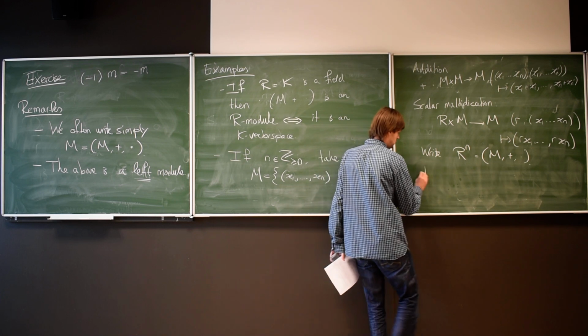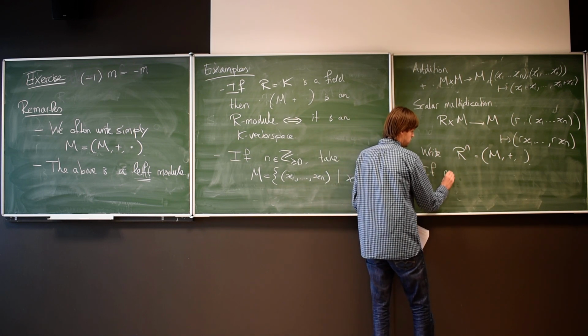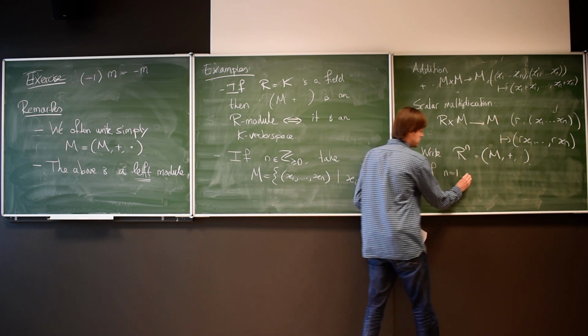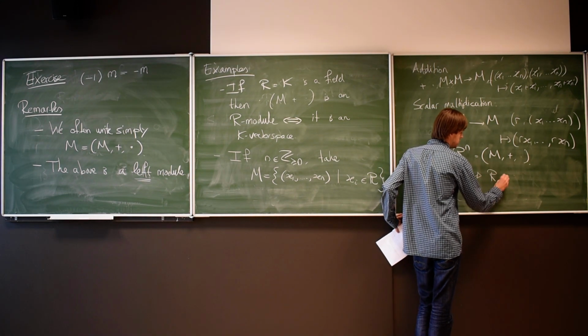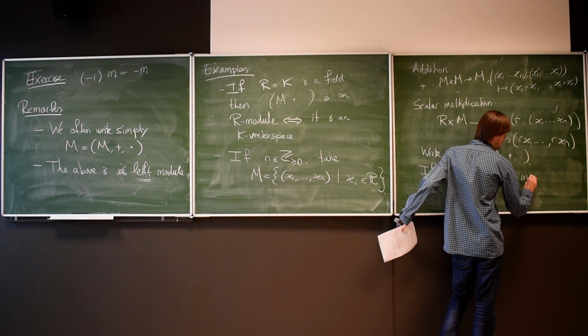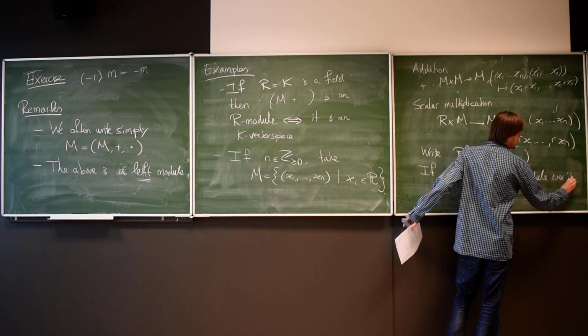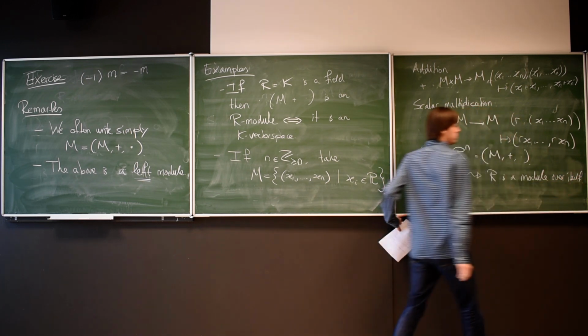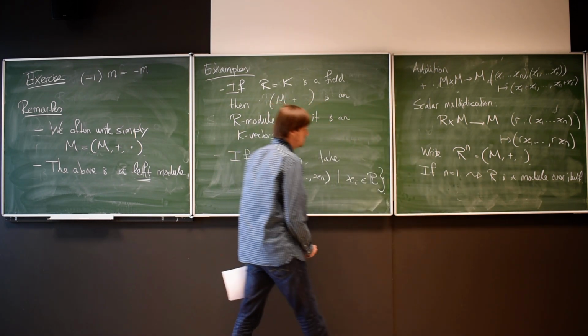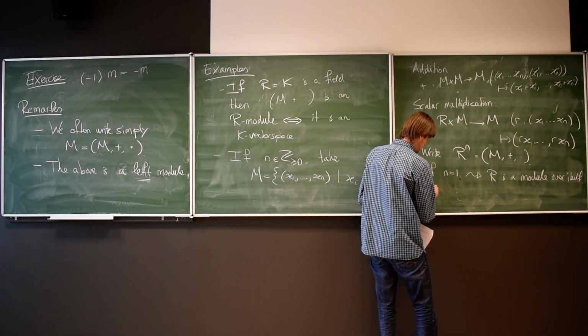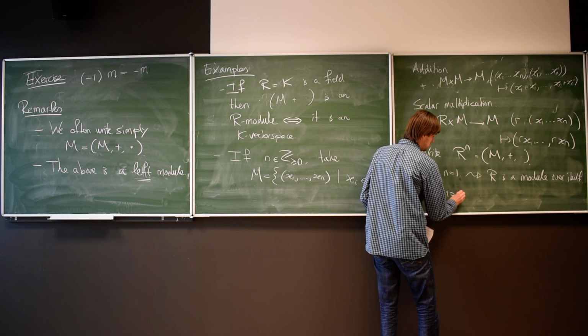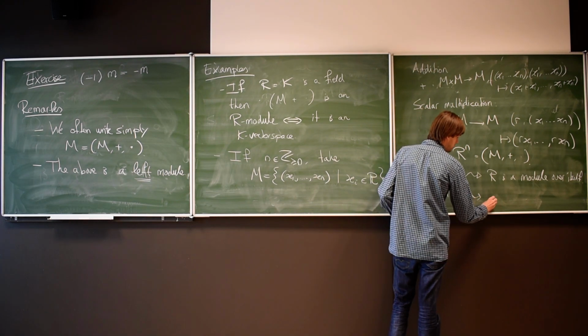So if n is 1, then we just see that R is a module over itself. So if you want, that's another example. And the other one is if n is 0, and then you just get the 0 module.